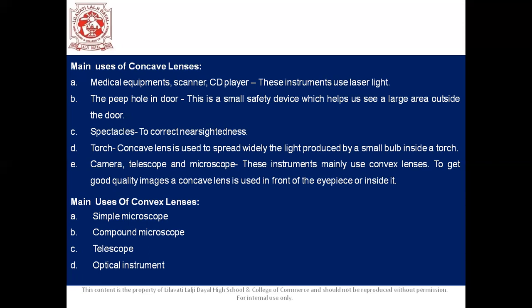A simple microscope is used by watch repairers and jewelers. A compound microscope is used to observe bacteria and the cells of microorganisms. And the telescope, students, is used to observe distant terrestrial objects or astronomical objects like planets and comets. So this is where the convex lens is used.